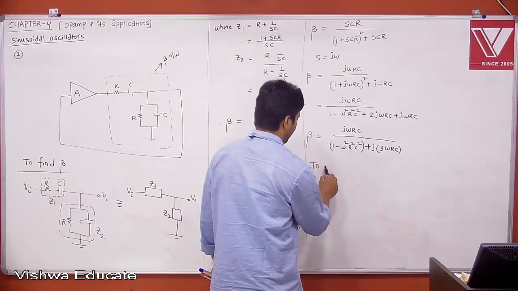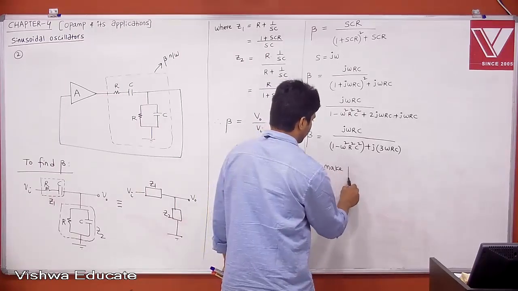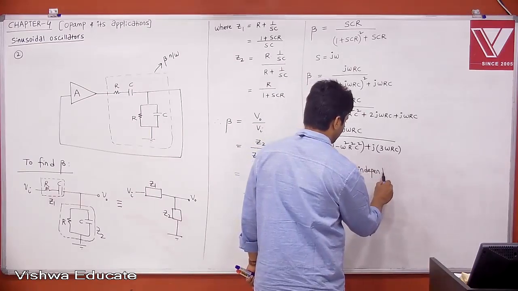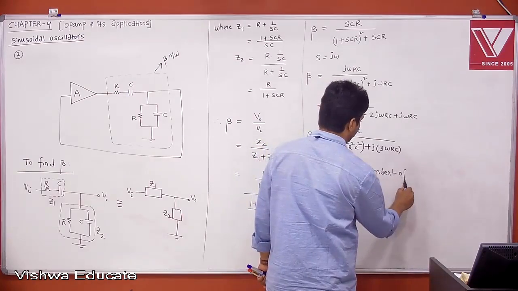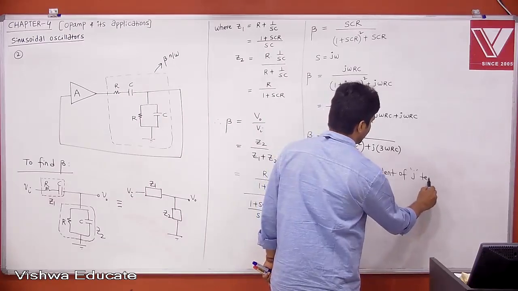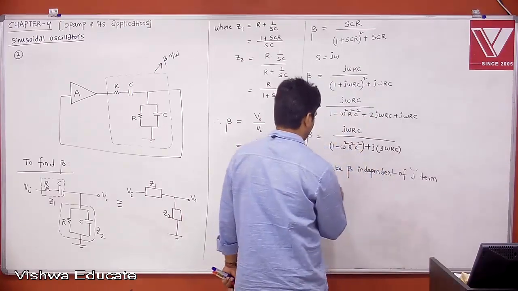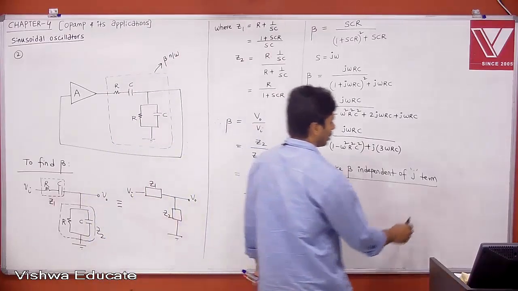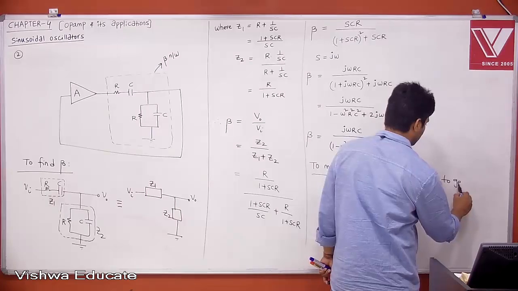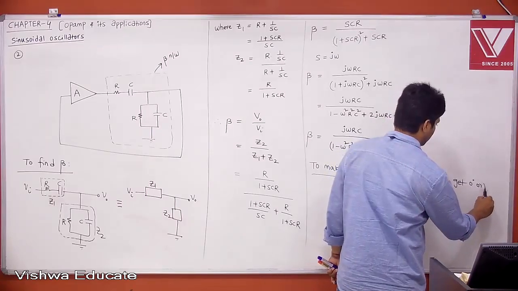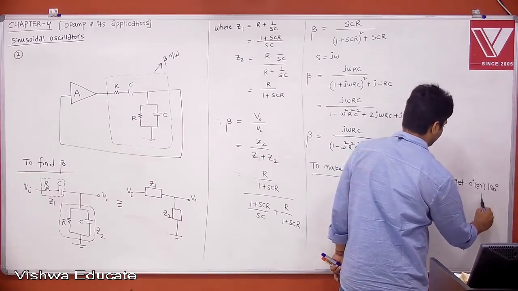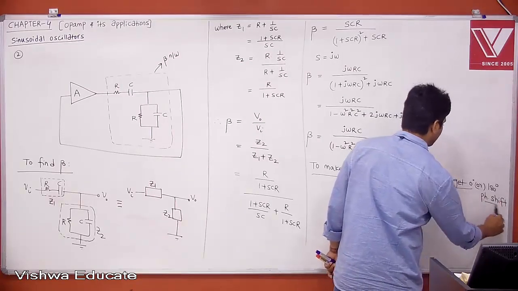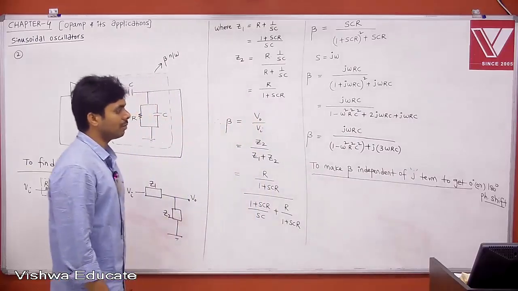To make beta independent of the J term, which is the imaginary term, that is to get 0 degrees or 180 degrees phase shift. Okay, this is the heading.